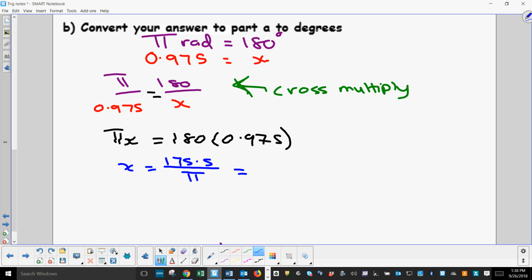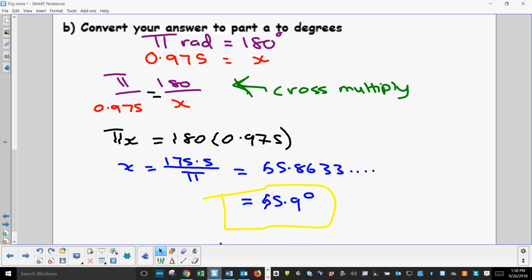But if it's with calc, you just say what the calculator gives. What is the calculator answer? Like 50 something. 55.9. That's 55.9 degrees.